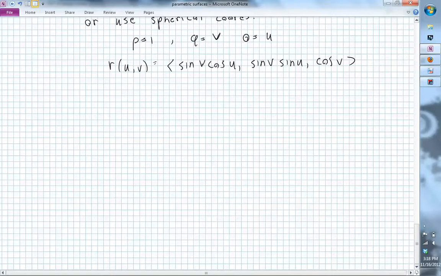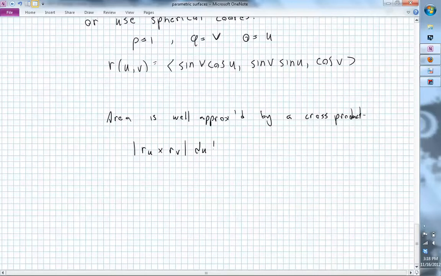So we know that the area is well approximated by a cross product, r_u cross r_v, like this, as long as you throw in this extra du dv thing.